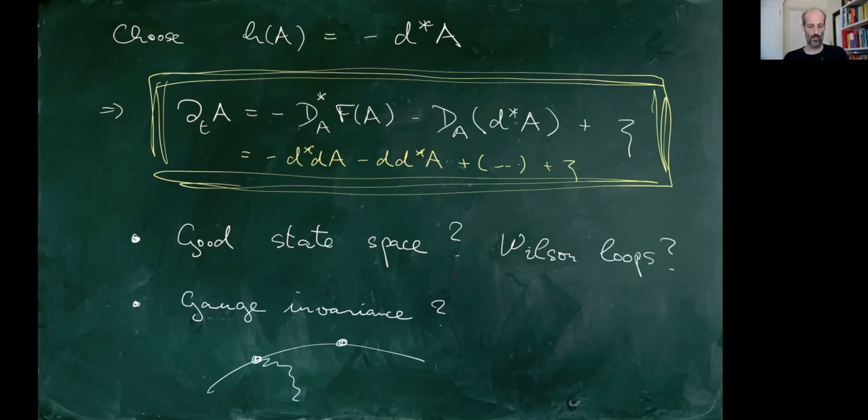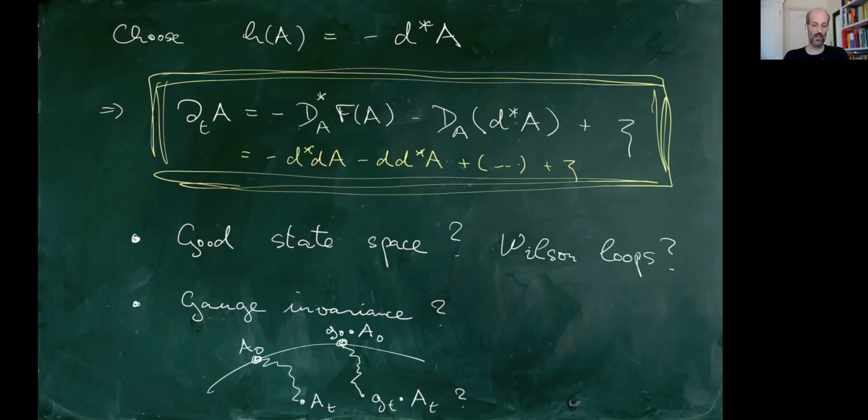So you have one process starting with some initial condition A0, another one starting with some G0 applied to A0. Then here you get some AT. And then what you would want is that, at least in law, the solution here is some GT applied to AT. Right? So you would want to have some gauging.